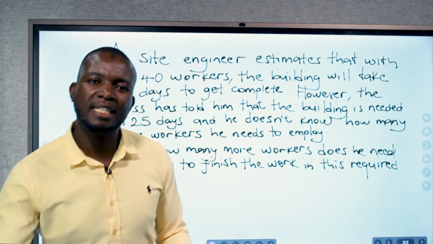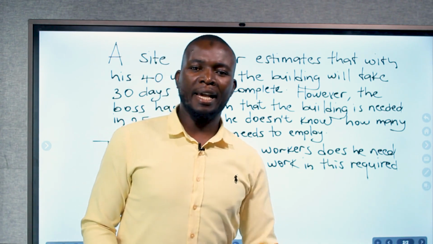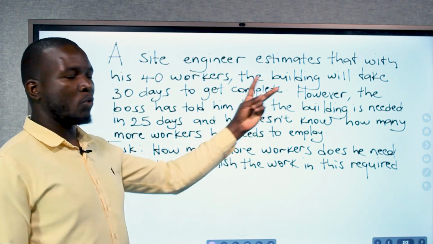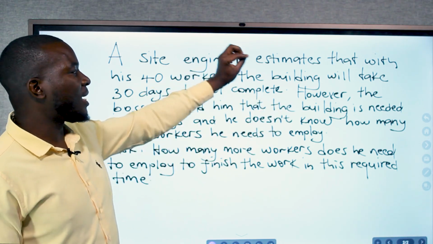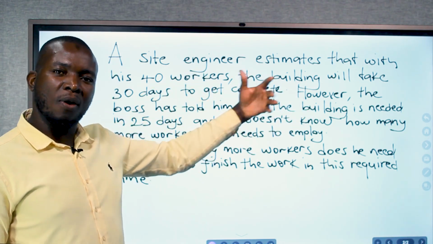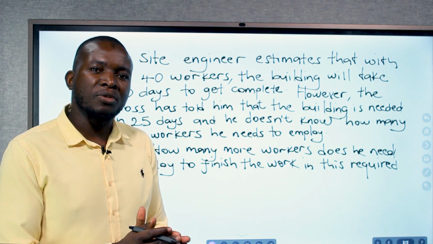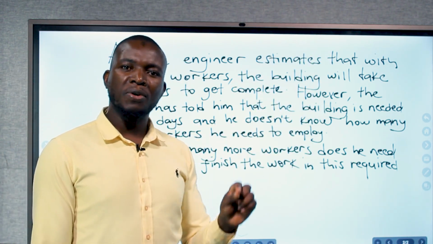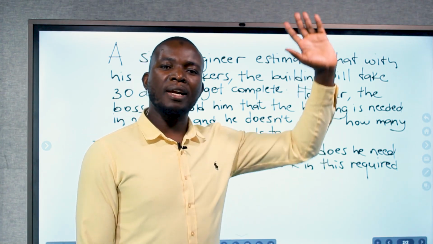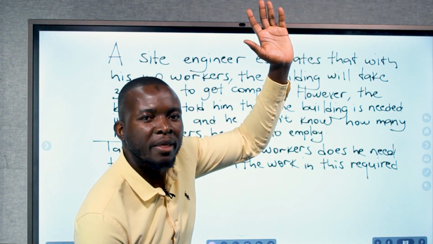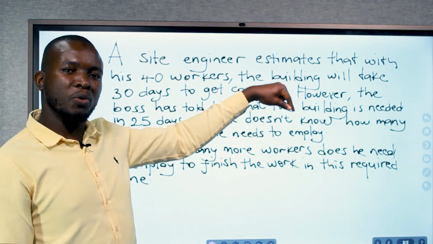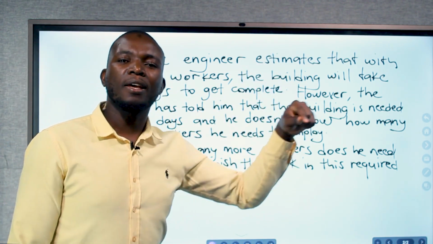Is it direct or inverse proportion? Now, look at the variables you're having: number of days taken, and number of workers. When one increases, what happens to the other one? You will notice that when one increases, the other one decreases, implying that the kind of proportion we're going to deal with is the inverse.